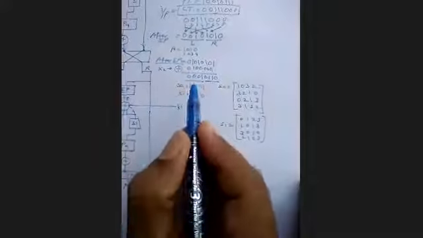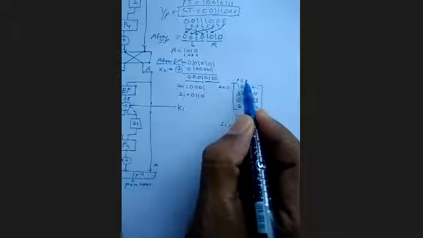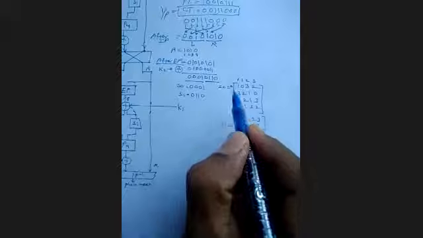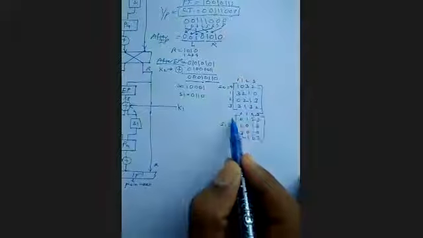See, here they have said how you can calculate the row and column. Suppose I say these are my columns 0, 1, 2, 3, and rows 0, 1, 2, 3. Here also 0, 1, 2, 3.